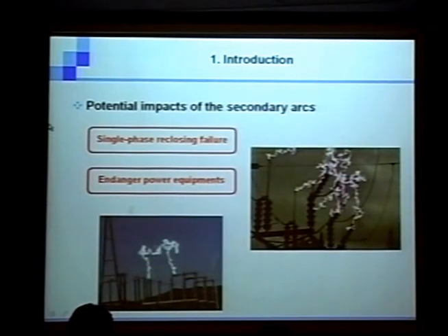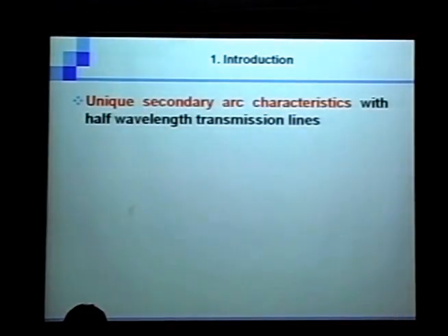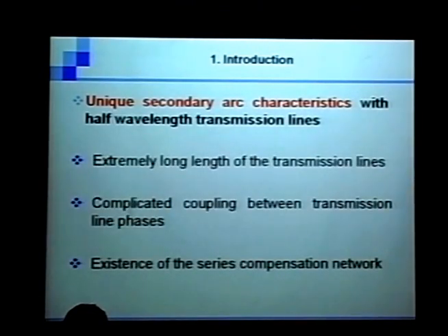As you know, there are several potential impacts of the second arcs. First, I think they have a very close relation with single-phase reclosing failure, may cause the reclosing failure, and may also endanger power equipment. As I have said, there may be some unique secondary arc characteristics we do not know.